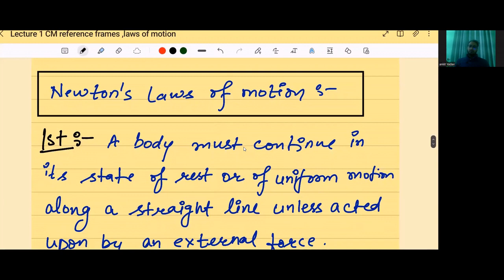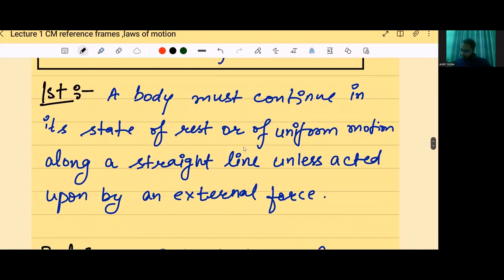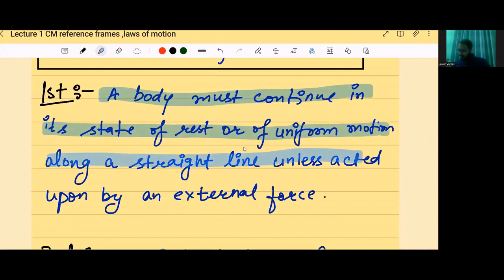Now let's have a review of Newton's laws of motion. Sir Isaac Newton gave Newton's laws of motion. The first law is: a body must continue in its state of rest or of uniform motion along a straight line unless acted upon by an external force. कोई भी body है, it will continue to be in a state of rest or in uniform motion along a straight line unless any external force acts on it.